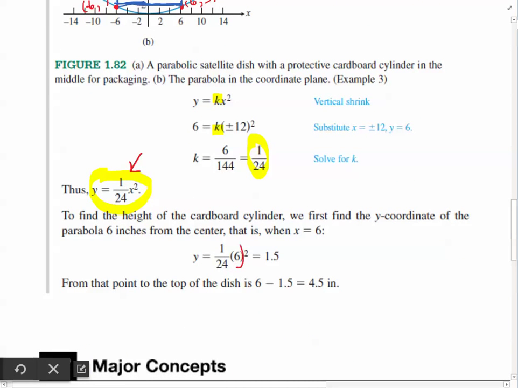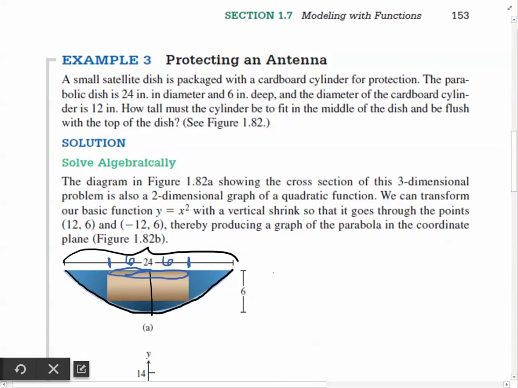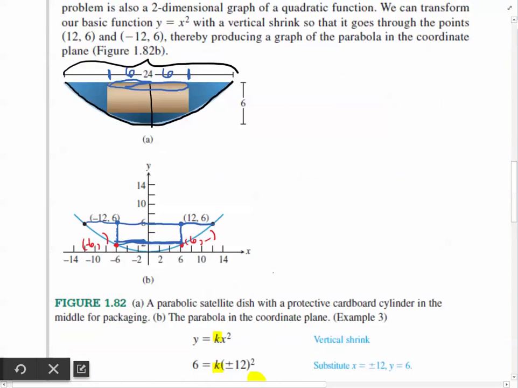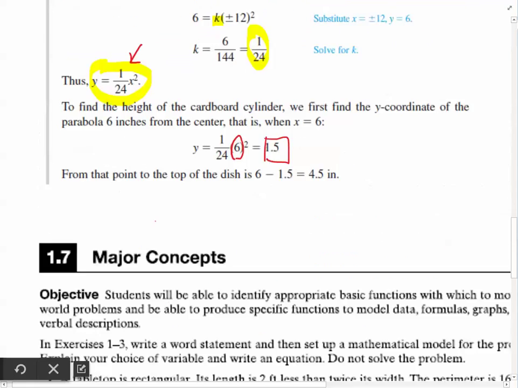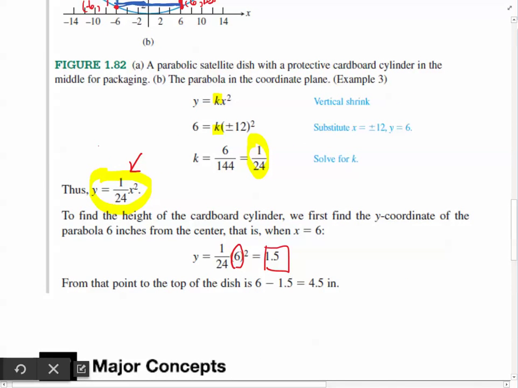So let x equals 6, and it turns out that y is 1.5. So the question was, how tall was the cylinder? So now we know that this is 1.5. We can figure out what this is, because this is from 1.5 to 6. That gives us 4.5.